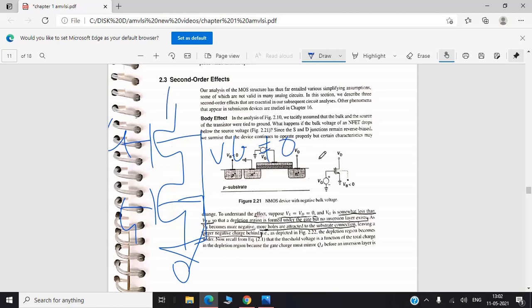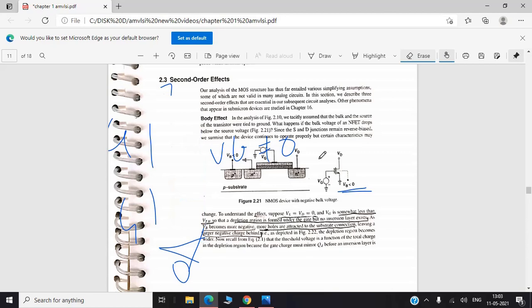Similarly, when we connect hundreds of transistors in this format, VB should be equal to 0, but that will not happen. When it does not happen, the entire device will actually fail, because the substrate connection has to be grounded and has to be 0.